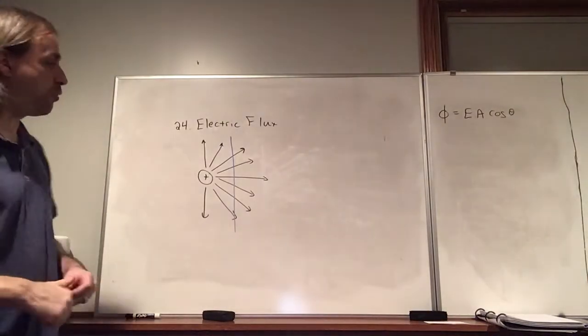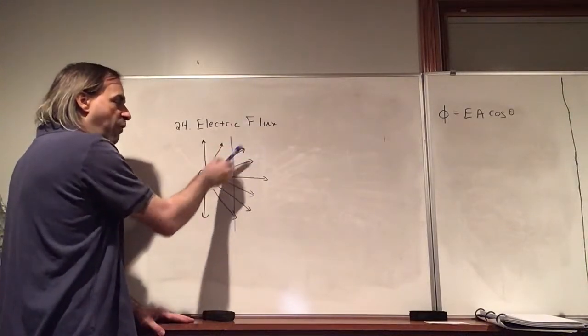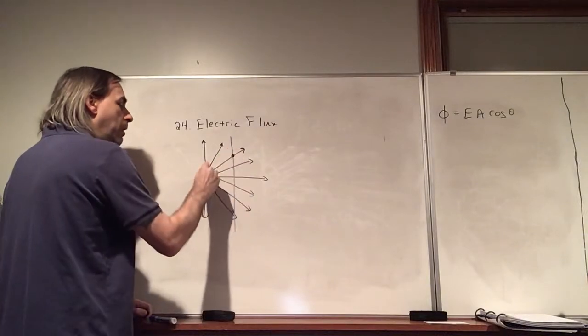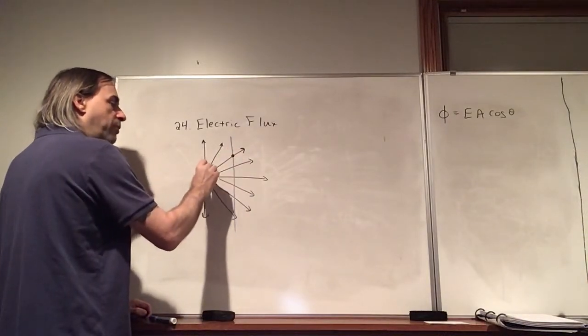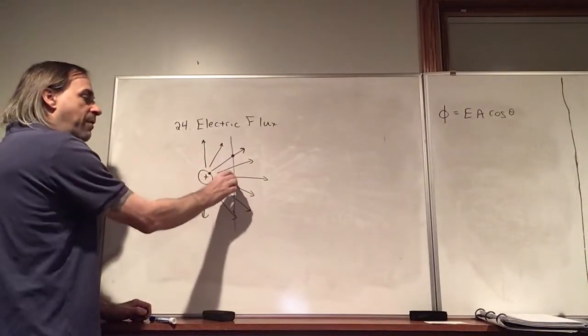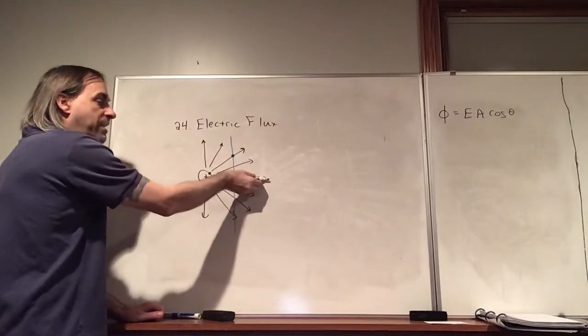Well, this would be a pretty complicated problem, because the electric field has a different magnitude. If you want to know the magnitude of the electric field at this point, it would depend on the distance from the charge to that point. That'll be different. The electric field has a different magnitude at these two points, and the direction is different as well. This one points in that direction.